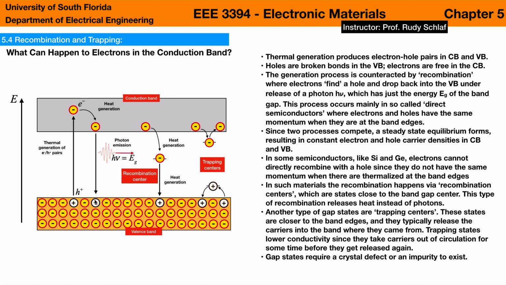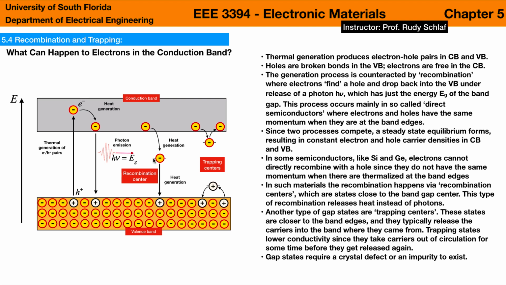Now, in some other semiconductors, which are called indirect semiconductors, and silicon and germanium are among those, these photon emissions are not possible. And so there the recombination happens via so-called recombination centers.